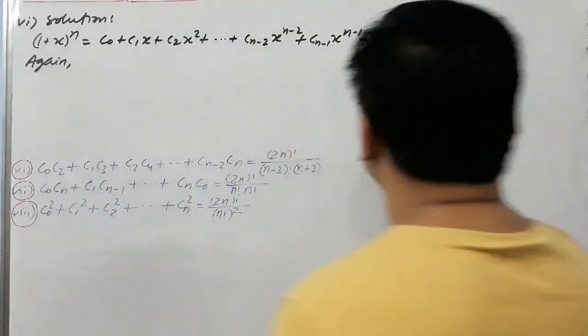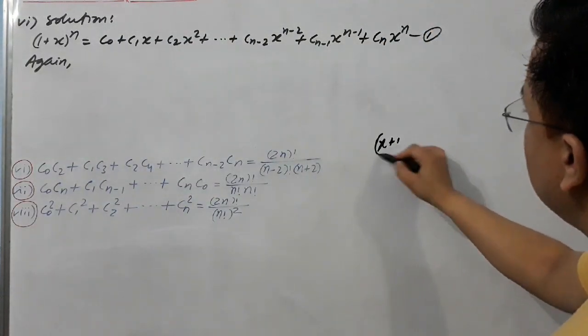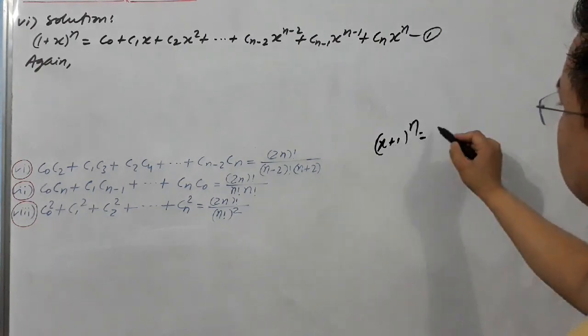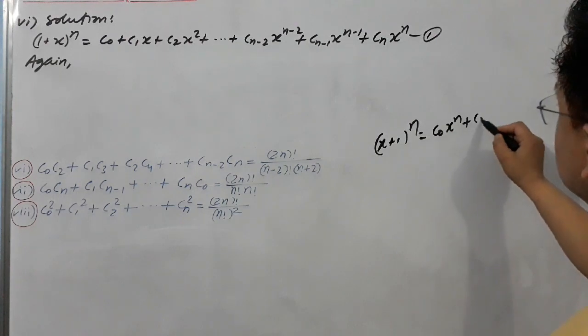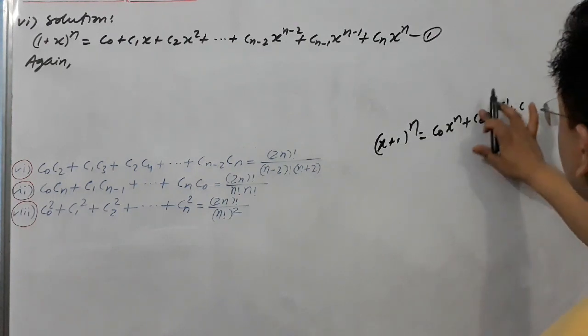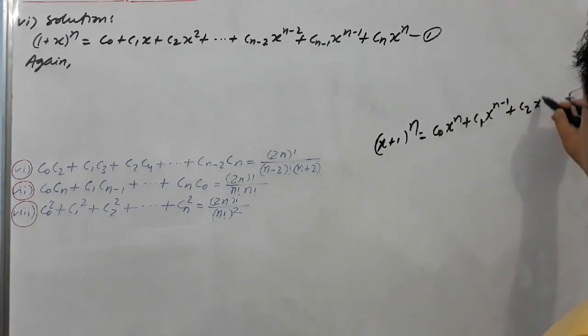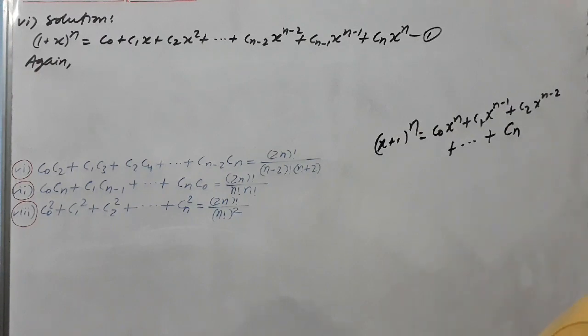So first you have to multiply by itself, or you have to multiply by this expansion: c0 x raised to power n plus c1 x raised to power n minus 1, and this c2 x raised to power n minus 2 plus dot dot dot plus, and at last you will get cn, right?